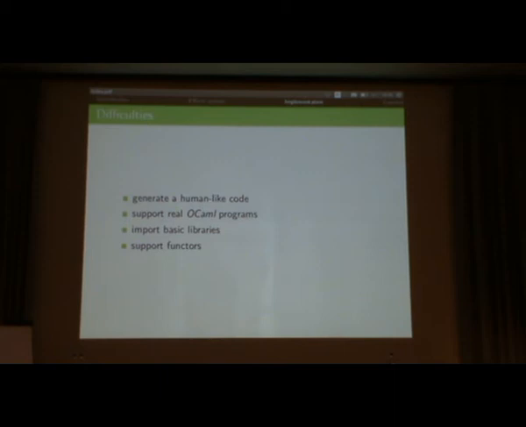It was also a lot of work to import as many libraries as possible, for the primitive functions of OCaml. And the thing I didn't achieve was to support functors. It was too much work to support the naming system for functions. I did not have time to do it.